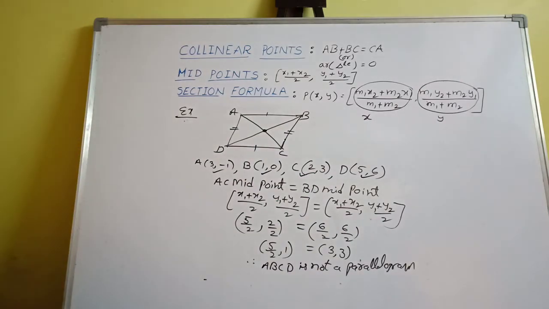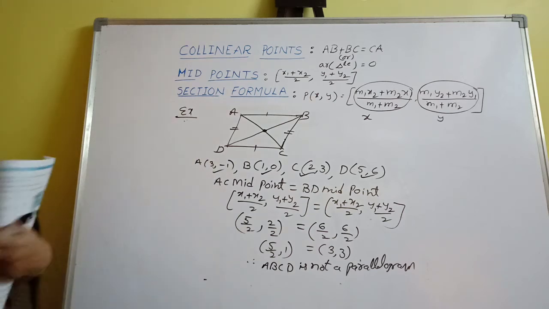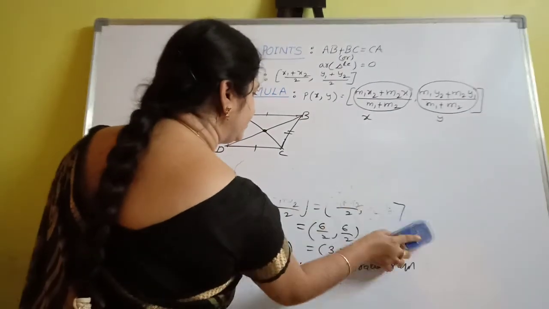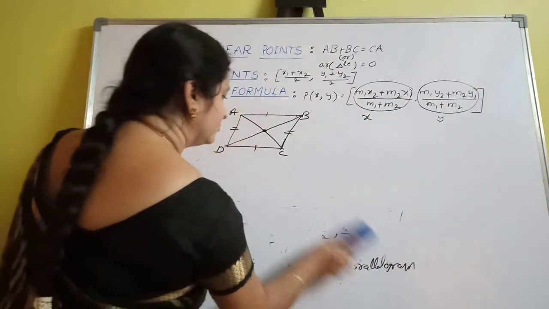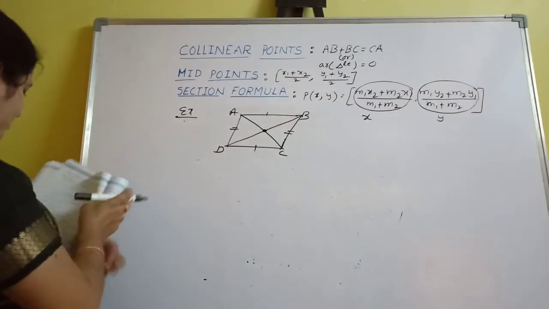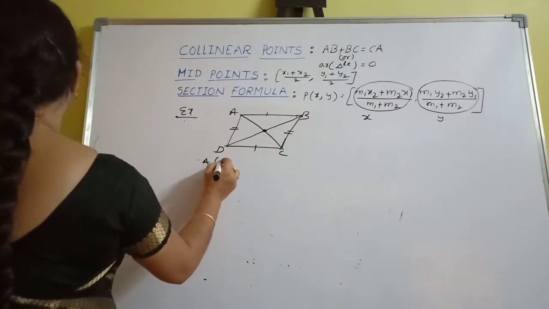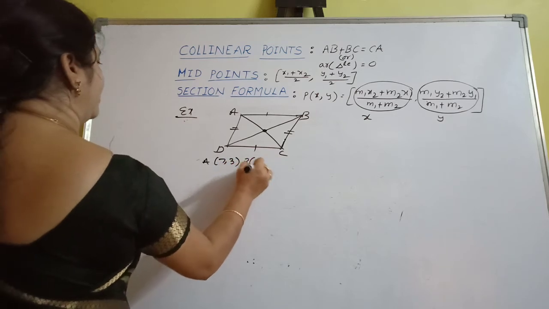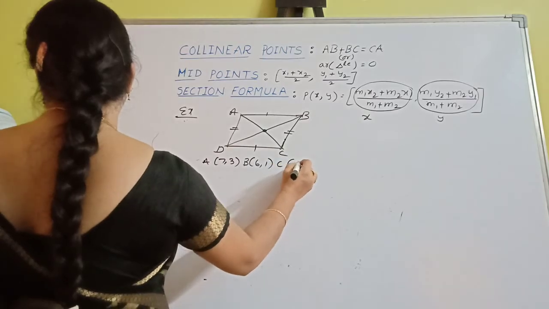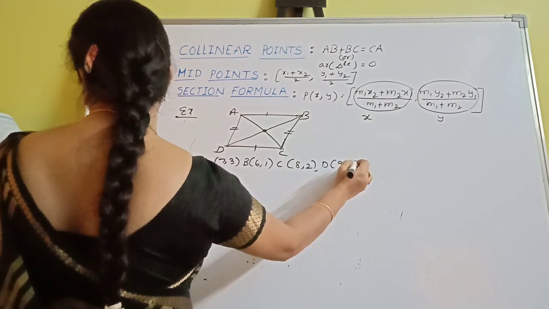Suppose another example. It is in your textbook. A(7, 3), B(6, 1), C(8, 2) and D(9, 4).